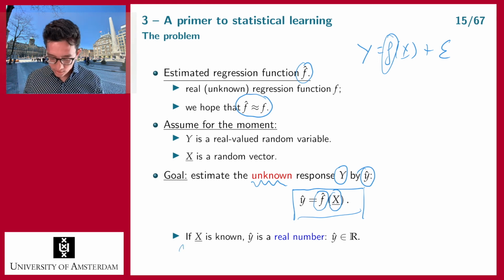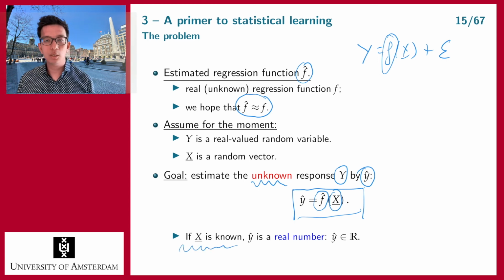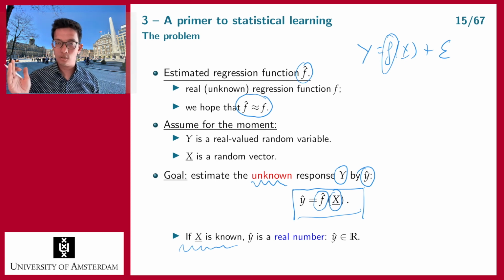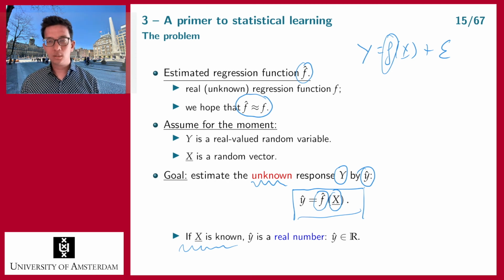And if x is known, it means that if you have information on your predictor variables, for example, for your policyholder, you see that it is a male, it is 20 years old, it lives in Chicago, and so on. You have all this information on your x. You know your f hat, that is the function you just calibrated using your favorite statistical method.